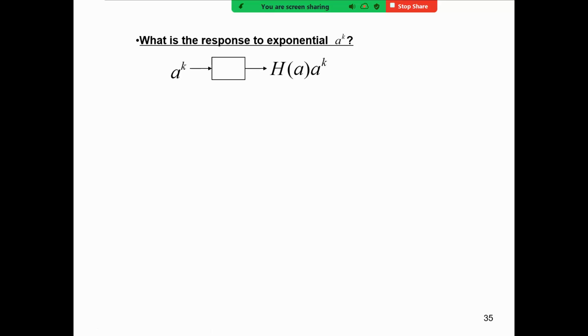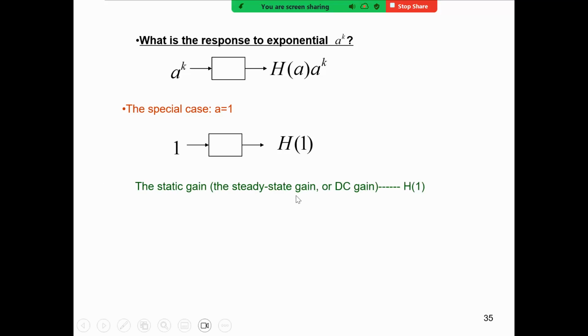Okay, let's work out some special things. Where a equals 1, the input is 1, a step. The output is h of 1. So you have a constant input, the output of course is a constant, but multiplied by a factor. That is what we call the static gain, or the steady state gain. That is the gain of a system.